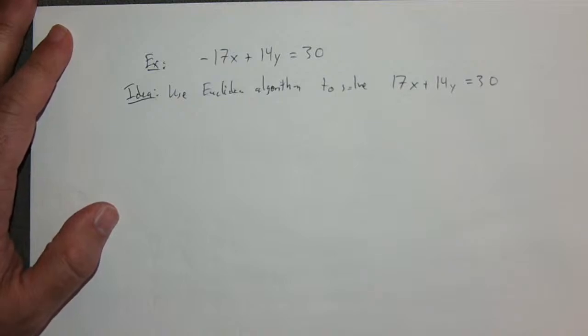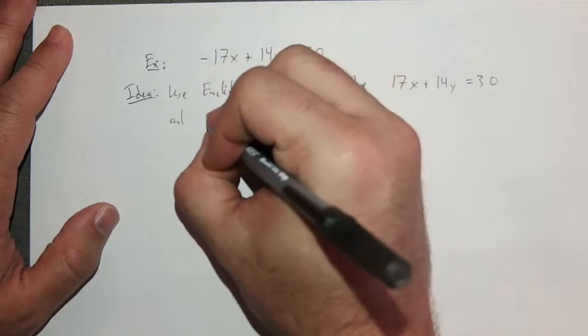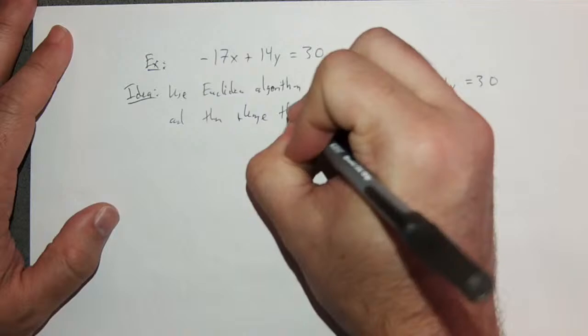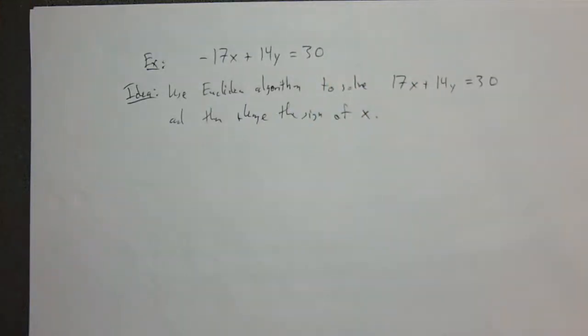So use the Euclidean algorithm to solve 17x plus 14y is equal to 30, and then change the sign of x. That's how you do it. Okay. So that's a nice way of getting around something like this.